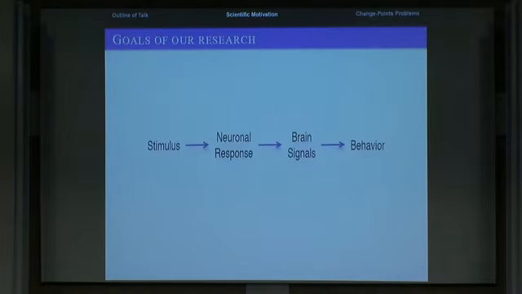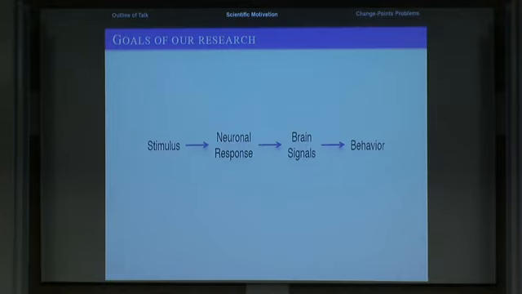So here is the unfolding picture in this experiment. A stimulus is presented. The neurons respond. I may not observe this directly. Then this response gives rise to what we call the brain signals, the fMRI, EEG. So we record these.